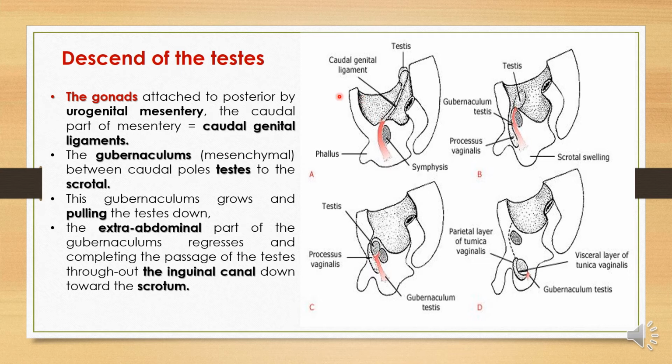This is the gubernaculum testis, mesenchymal condensation rich in extracellular matrix.